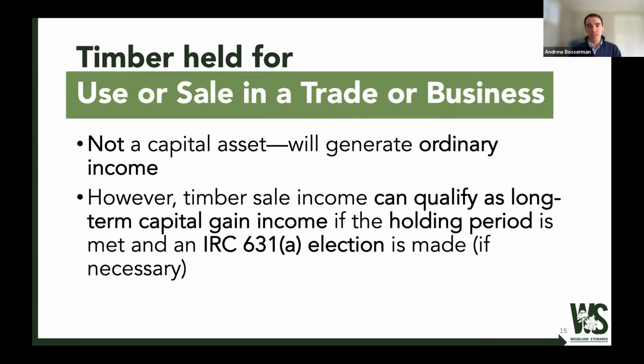However, fortunately, Congress passed Internal Revenue Code section 631, which says timber sales can qualify as long-term capital gain income if your holding period is met, which means you've held it for more than 1 year, and if it qualifies under IRC 631A, an election is made if necessary.